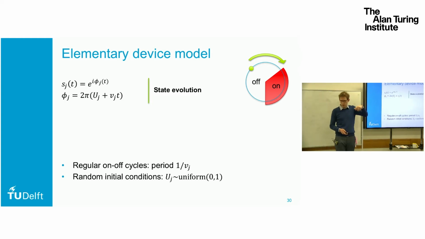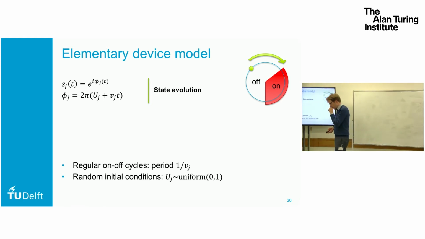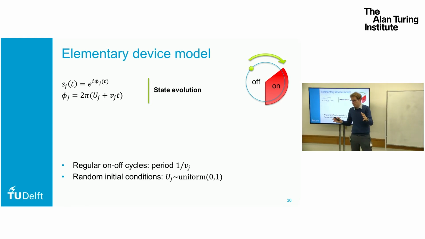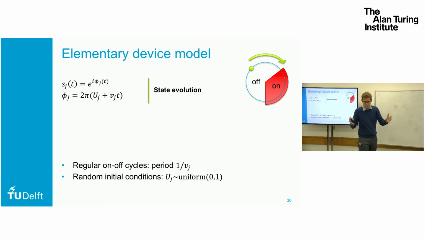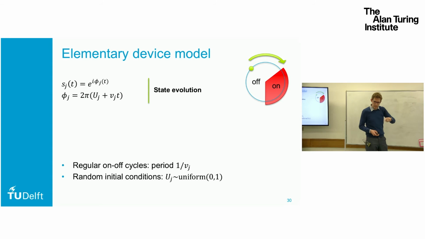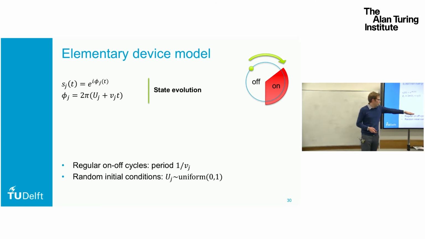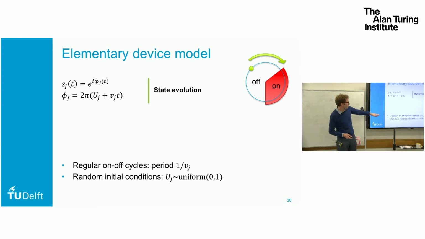That's your spinning thing. So that gives you the important property in fridges, your persistence, right? So they have this persistence property. They can't just switch on and off and on and off, right? So they go through this cycle. And there's a period of 1 over Vj, and it has random initial conditions, right?